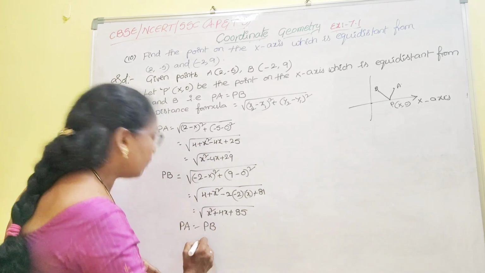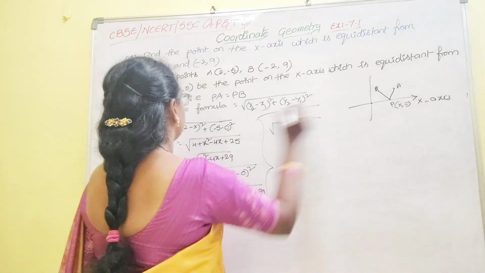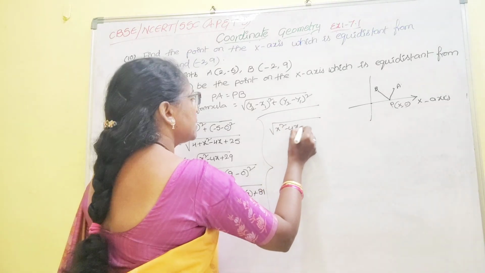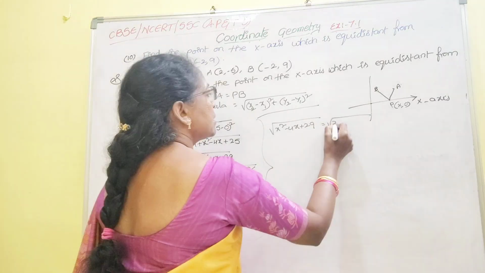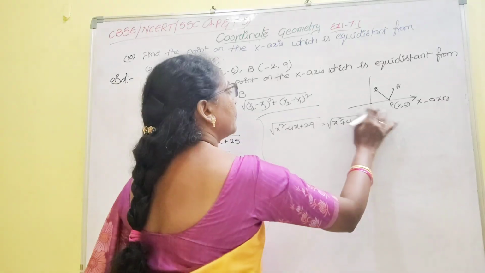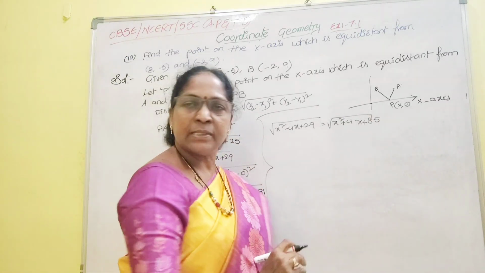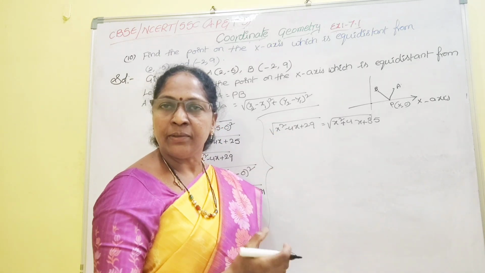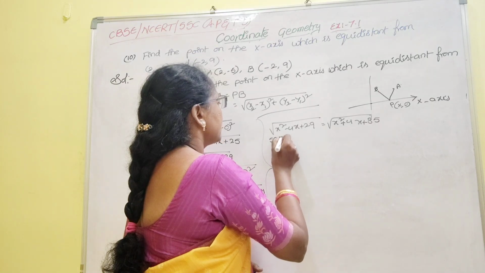The square root of x square minus 4x plus 29 equals the square root of x square plus 4x plus 85. Square root is there on both sides, and whenever that happens we have to remove it. To cancel it, how? Squaring on both sides.